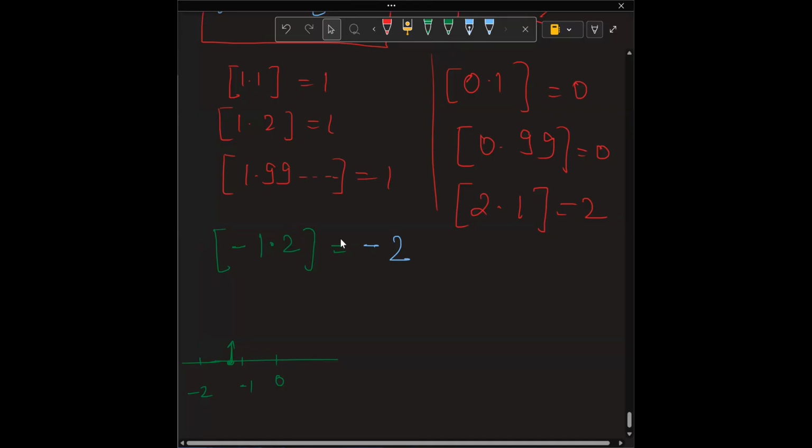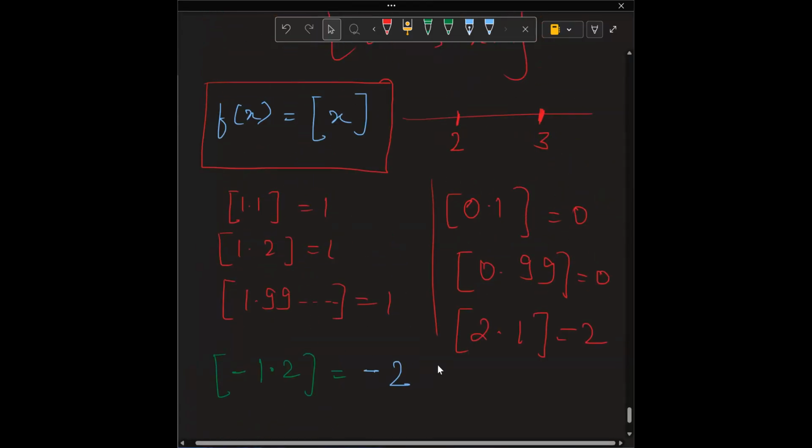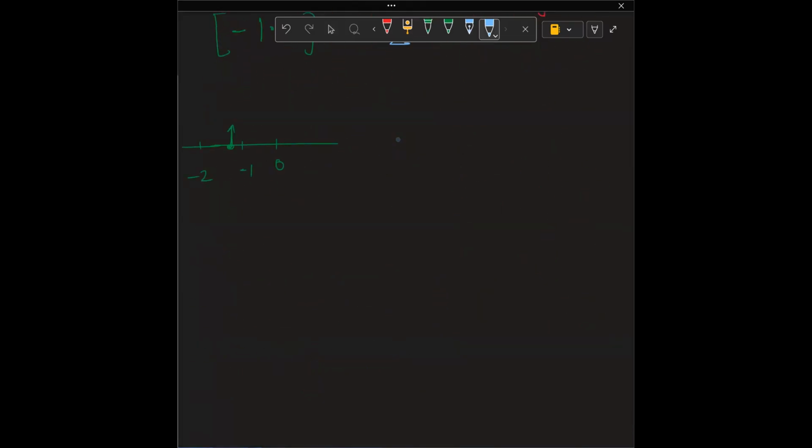Yes, sir. Okay. So इस फंक्शन का ग्राफ कैसे होता है? इस फंक्शन का ग्राफ होता है स्टेप वाइज, like this. इस फंक्शन का ऐसे ग्राफ होता है, स्टेप वाइज फंक्शन। Yes, sir. ओके.